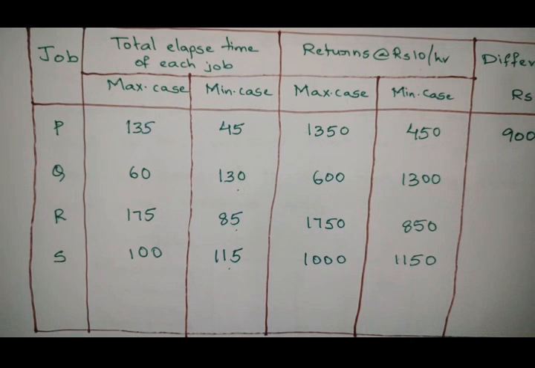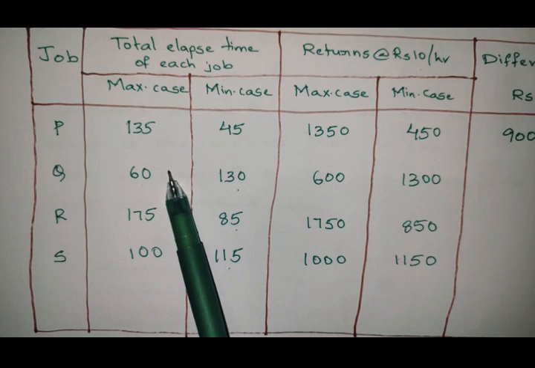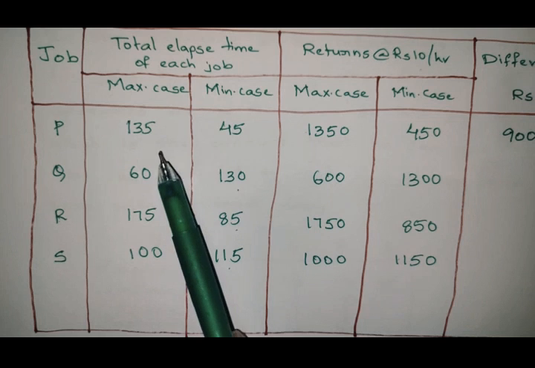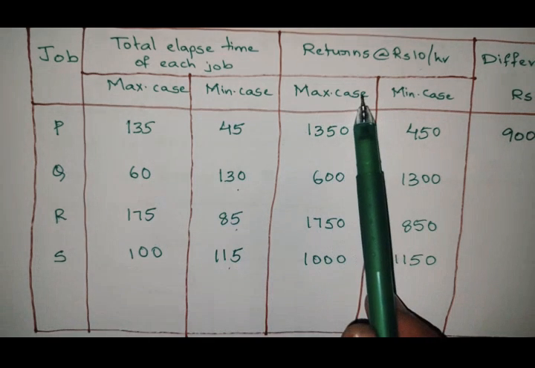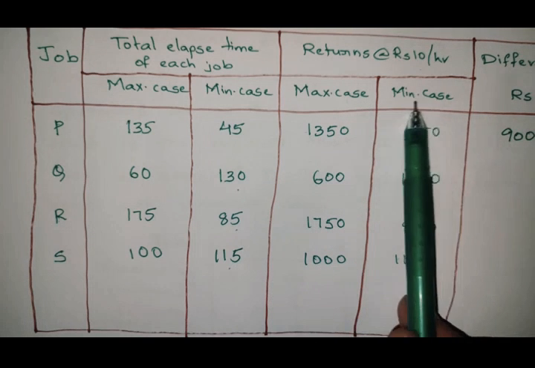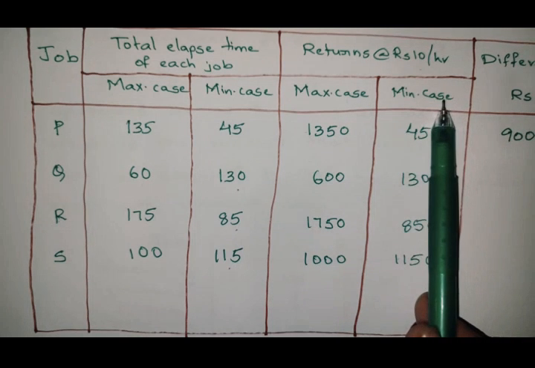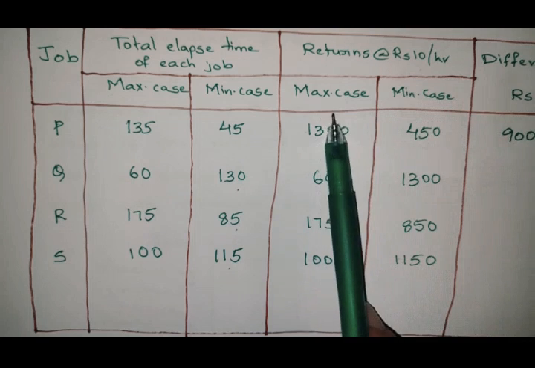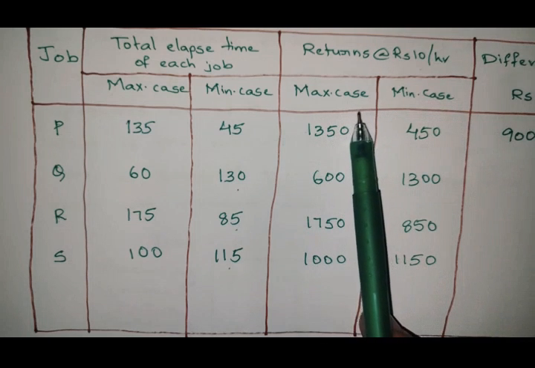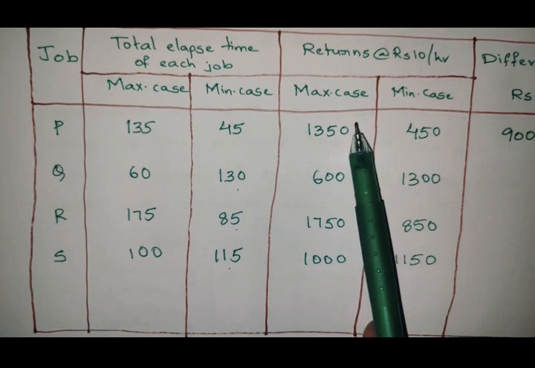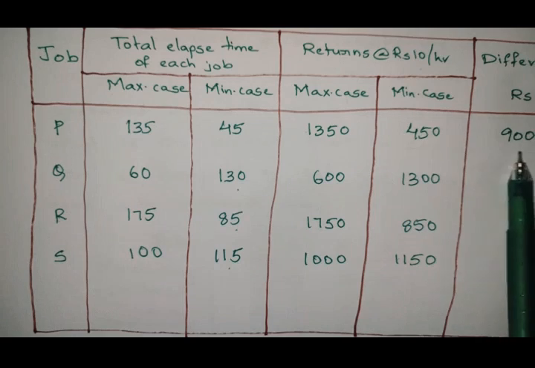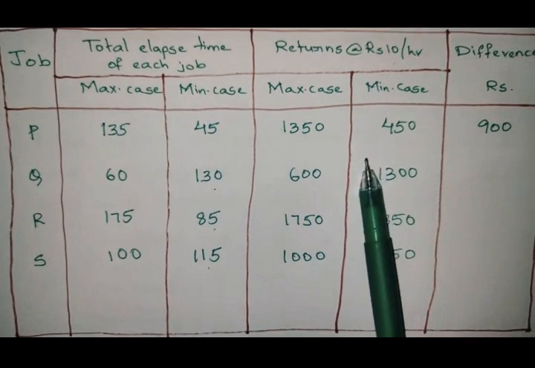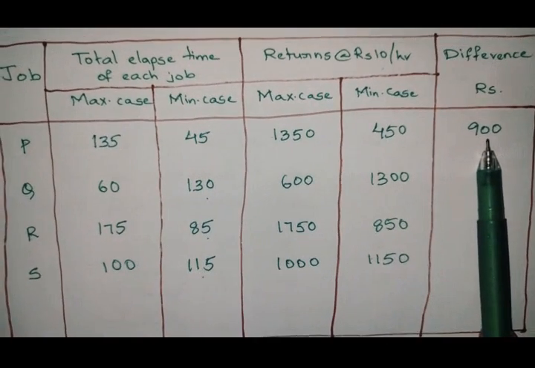So if Sham delays more, it is a maximization case. If the delay is less, it is a minimization case. If Sham delays more, that means if he gets more idle time of the machines for job P, then he is going to gain 900 rupees for job P.